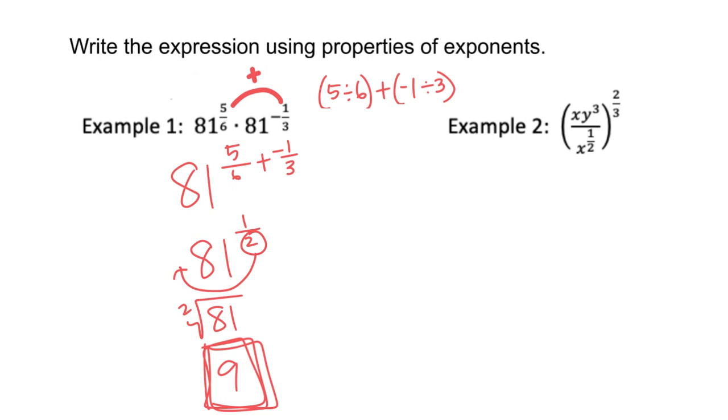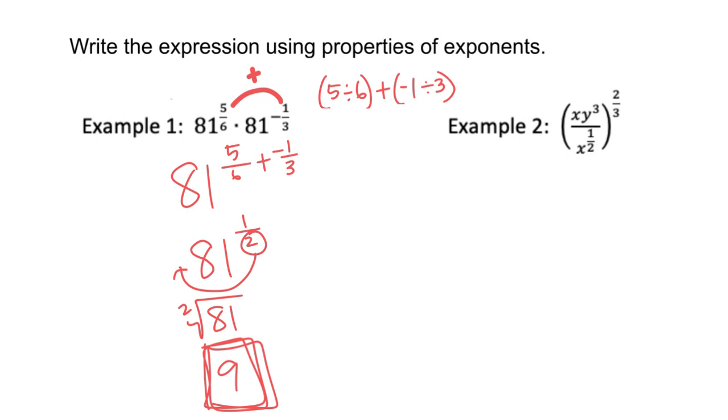So on all of these, we're just trying to simplify as much as we possibly can. Now, I know we could have plugged this in from the get-go into our calculator. We have such fancy calculators, but looking at example 2 with x's and y's, we need to know how to use those rules that we're talking about right now to help us out when we can't plug it in our calculator. Okay, so let's look at example 2.